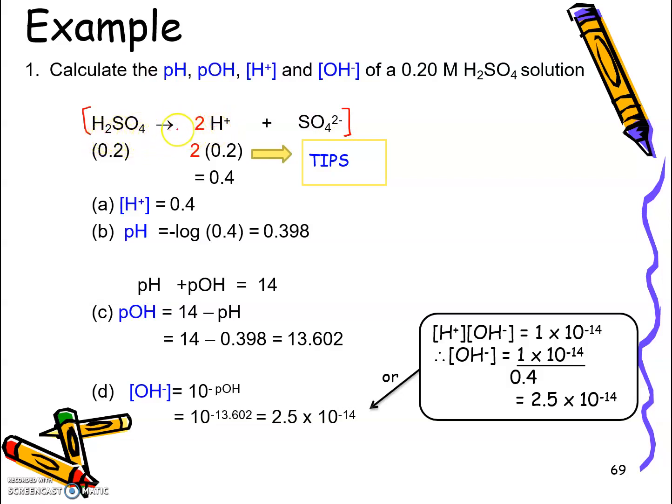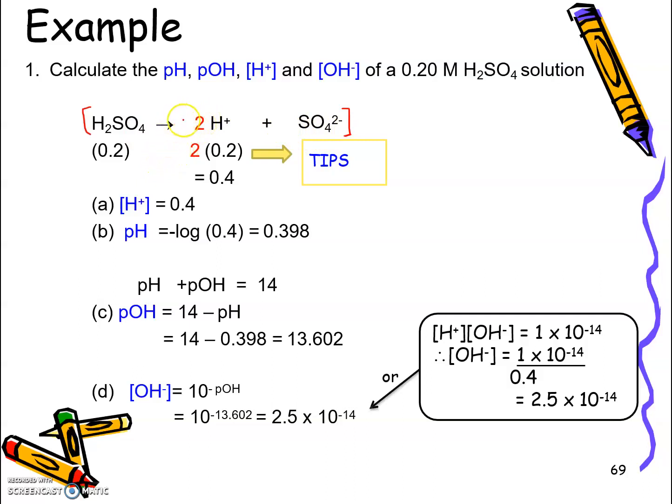H2SO4 sulfuric acid will dissociate to H plus and sulfate ion, and then balance it. On the left side there are 2 hydrogen, so on the right side you put 2 H plus. Sulfur is 1 on each side, and oxygen is 4 on each side. So the equation is balanced already.